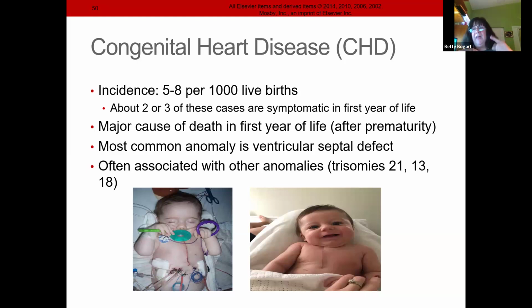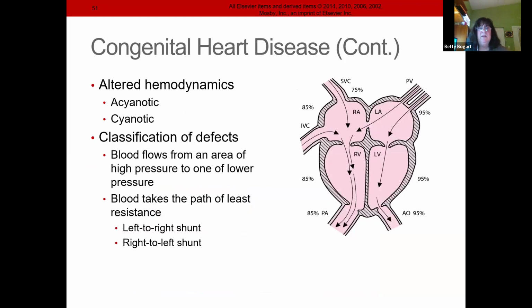So we know that blood's going to go back to the right side. Where does it go? Back to the pulmonary valve up into the lungs. So these are things that we need to know. These children are totally oxygenated. It's not that they lack oxygen. So there is the acyanotic, which means they have oxygen, right? That's one of them.